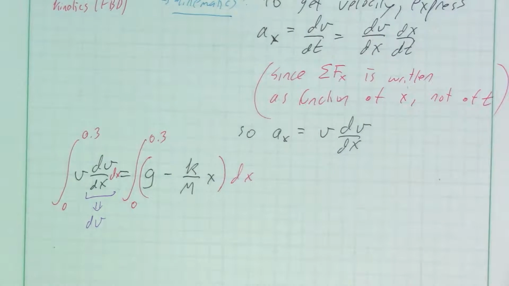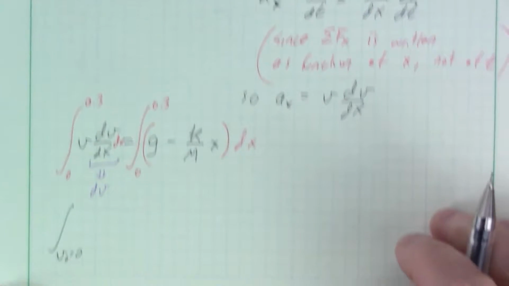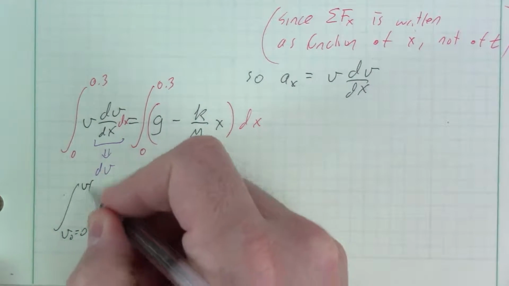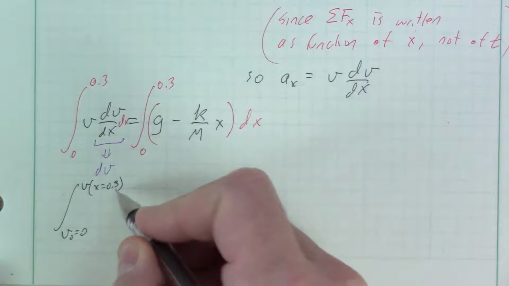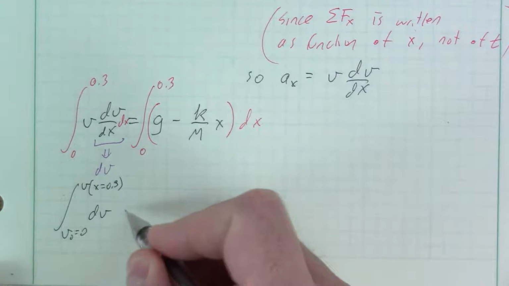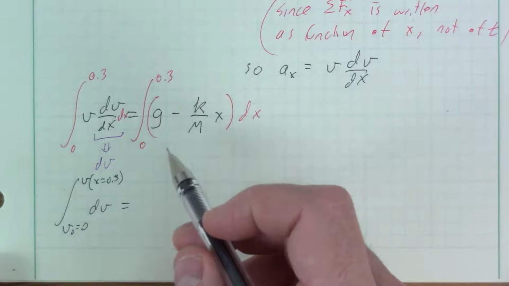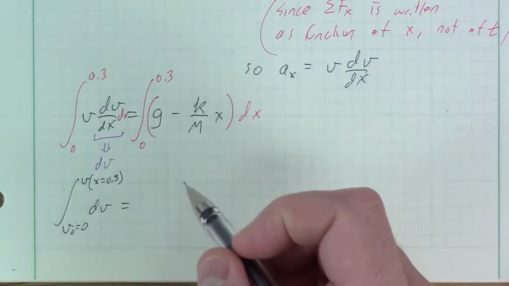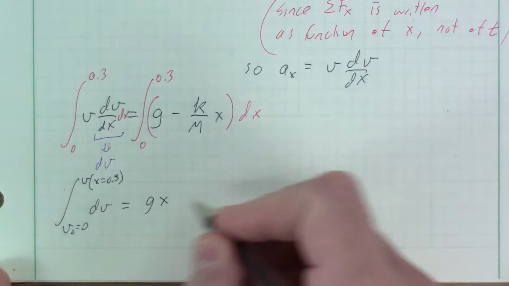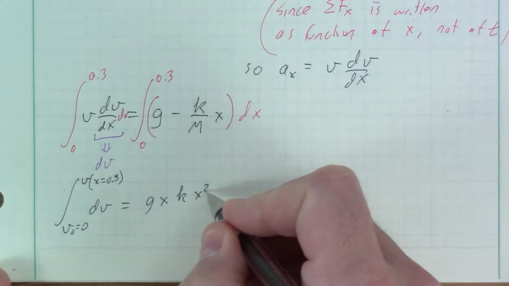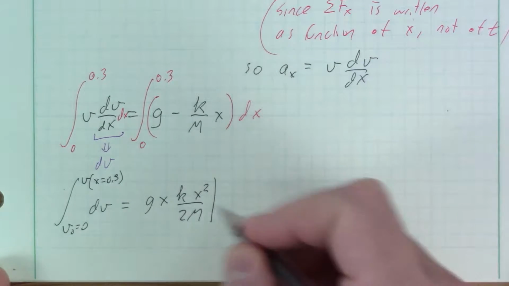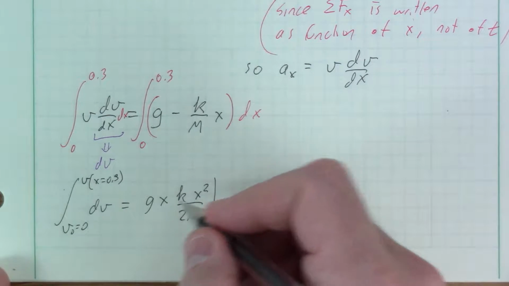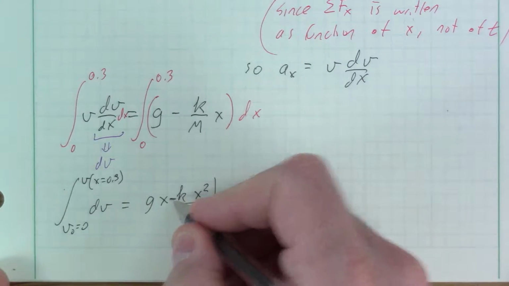And so this is the initial velocity. Well, the initial velocity is 0, and then this is the velocity when x equals 0.3, when we hit the floor, of dv equals, and now we can actually do this integration here, which is gx minus kx squared over 2m. Sorry, I forgot a subtract sign.